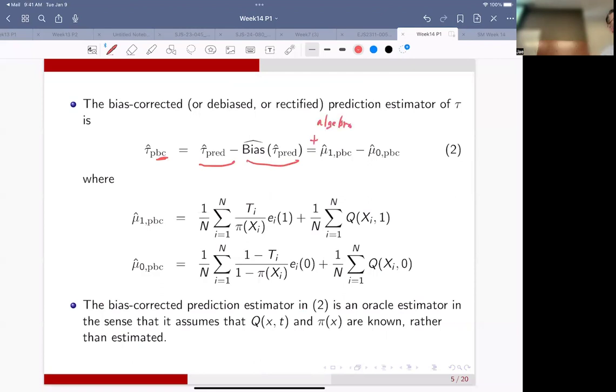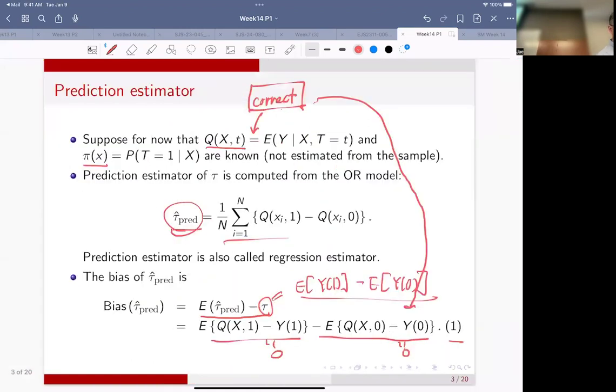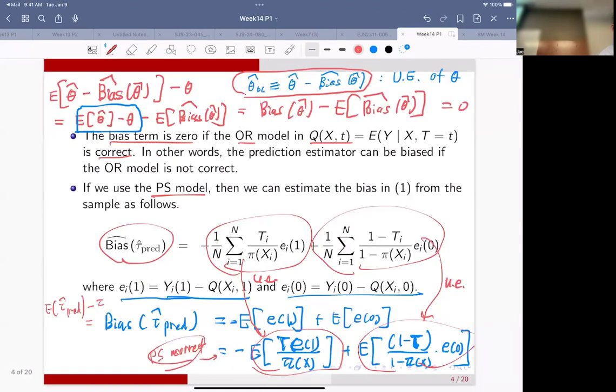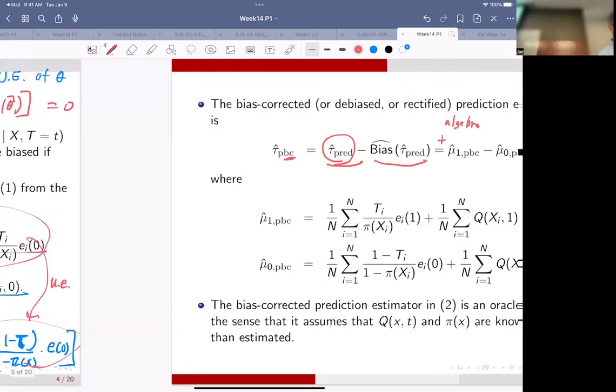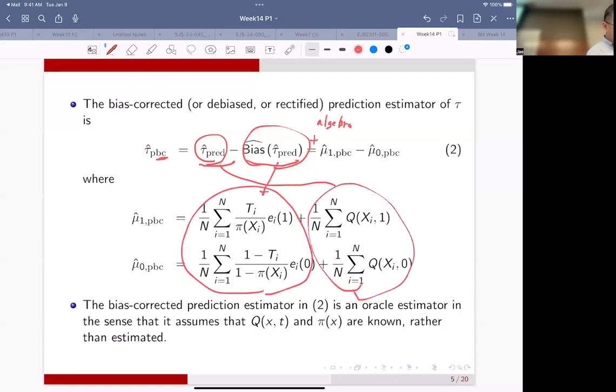We know what this is, and we know this one, and then we combine. So this guy is this part minus this, minus the bias correction.